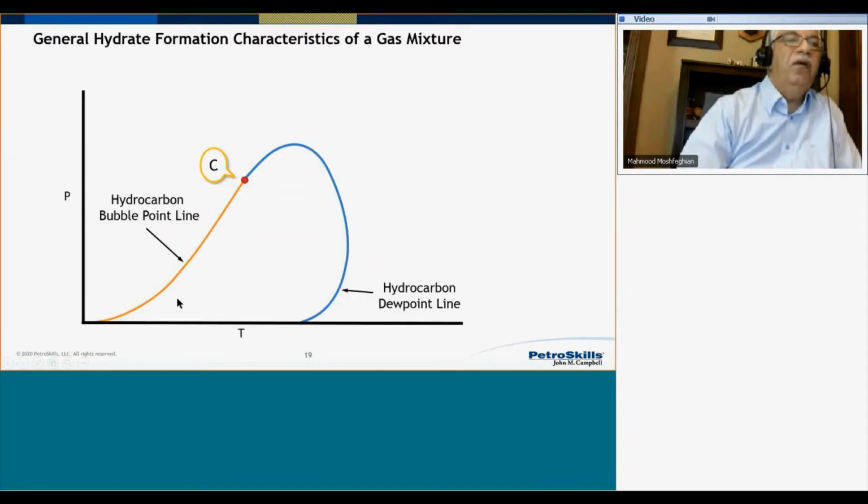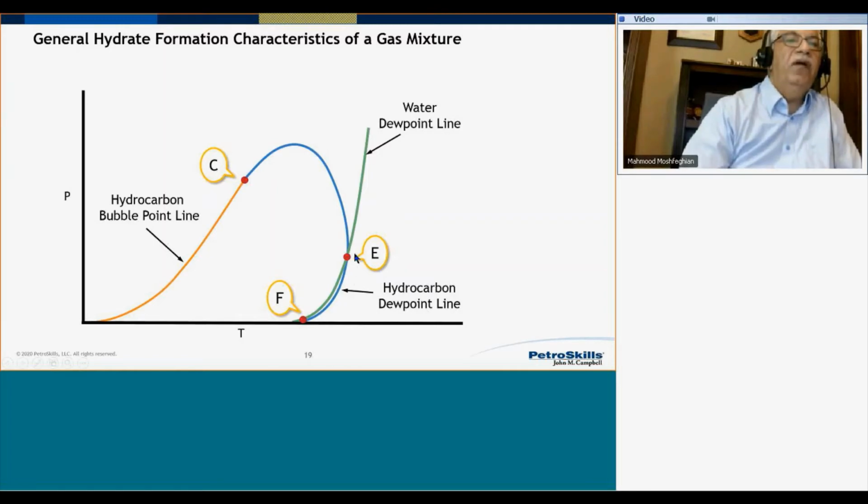So you are familiar with the phase envelope for a multi-component system. It's pressure as a function of temperature. We have the bubble point curve. To the left of the bubble point curve, we have liquid. The blue curve is the hydrocarbon dew point curve, and the green curve is the water dew point curve superimposed on this phase envelope.